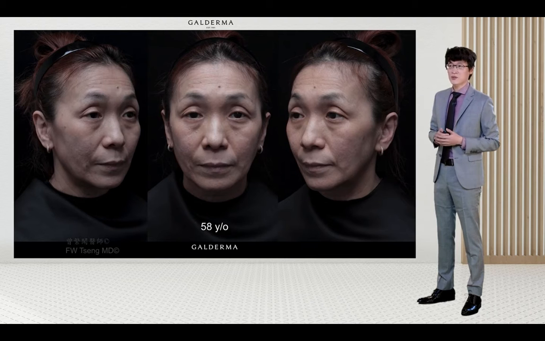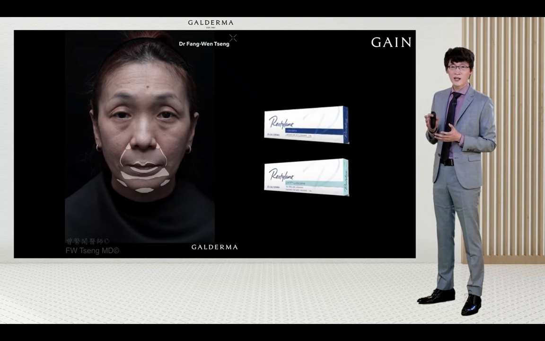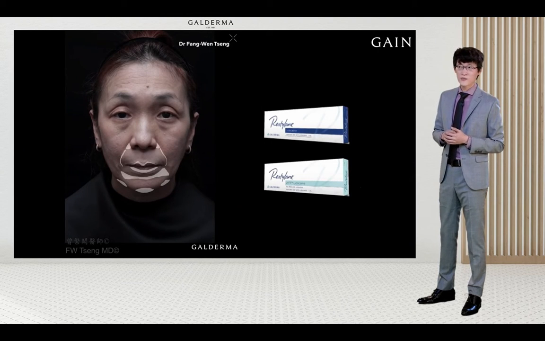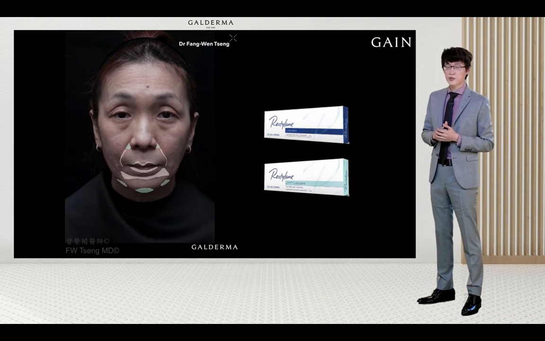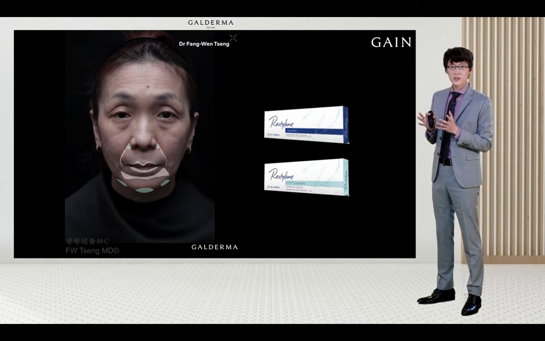The first time I saw this patient, we didn't have OBT in Taiwan yet, so we used NASHA. I used Lyft in her piriform fossa, her chin apex, and the pre-jowl sulcus. All of these were deep injections to the bone.